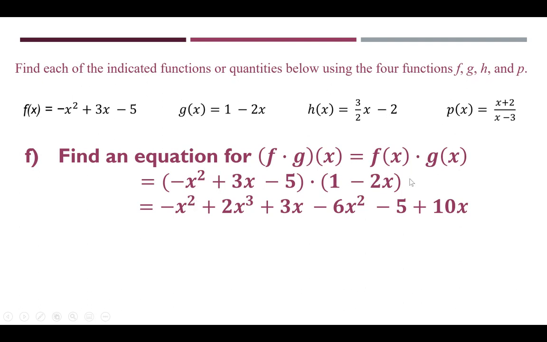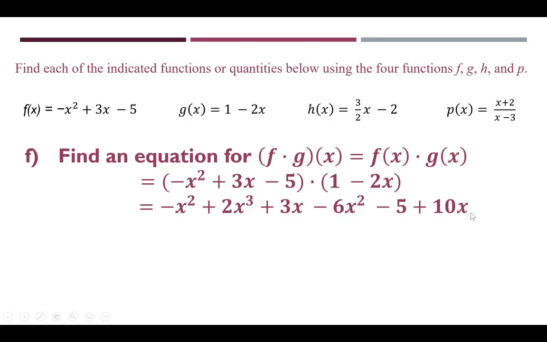Negative x squared times negative 2x is positive 2x cubed. Next, 3x times 1 is 3x, and 3x times negative 2x is negative 6x squared. Negative 5 times 1 is negative 5, and negative 5 times negative 2x is positive 10x.